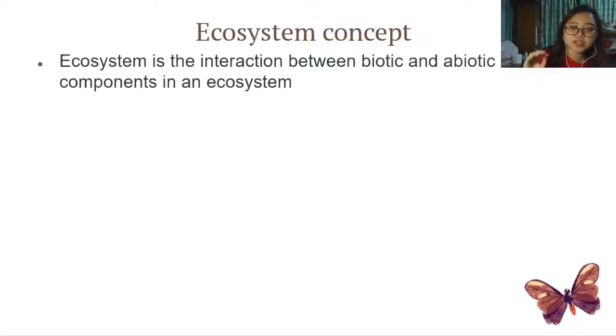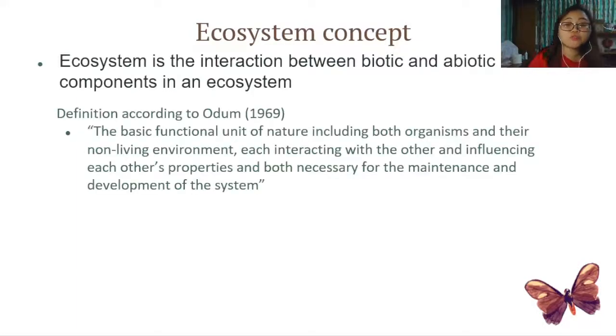To look at it straight on, the ecosystem is the interaction between the biotic and the abiotic components. If you want the really long definition, here is the definition according to Odum in 1969: the basic functional unit of nature, including both organisms and their non-living environment, each interacting with the other and influencing each other's properties, and both necessary for the maintenance and development of the system.